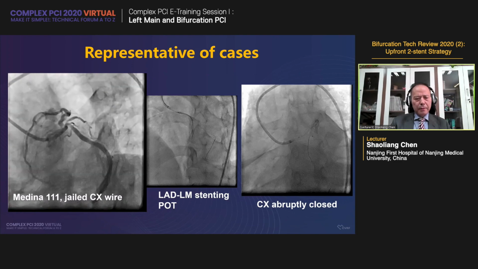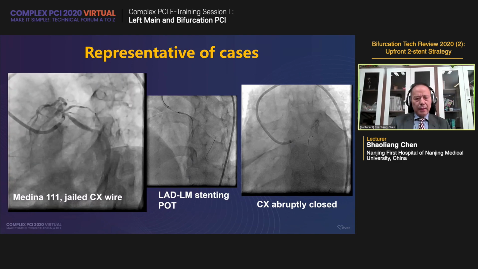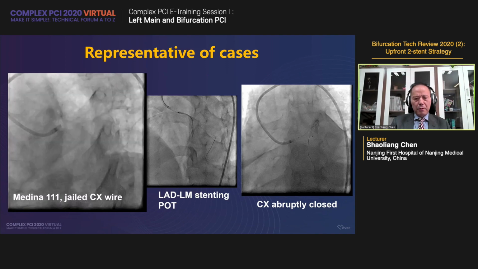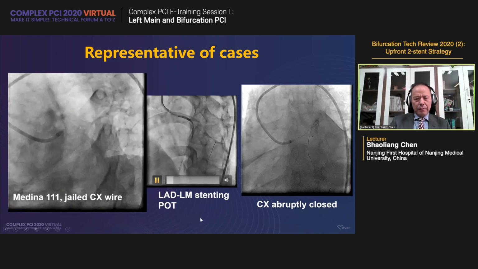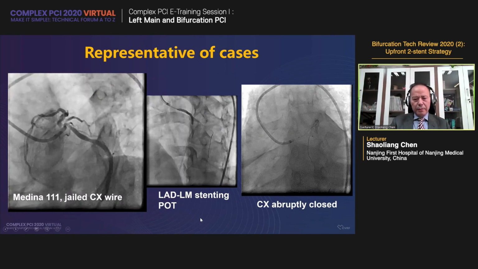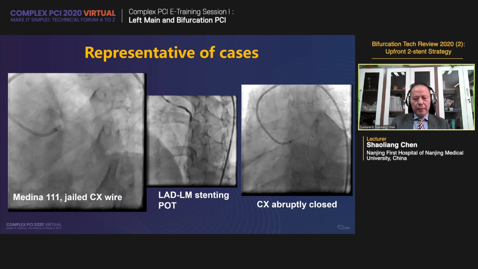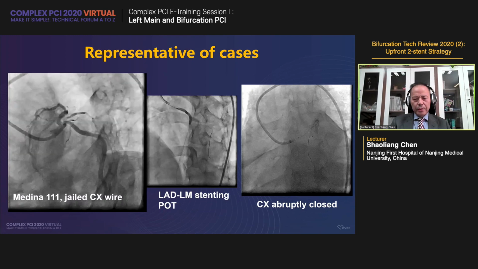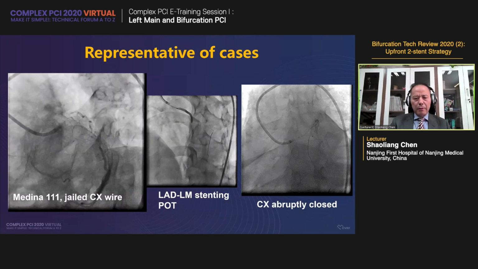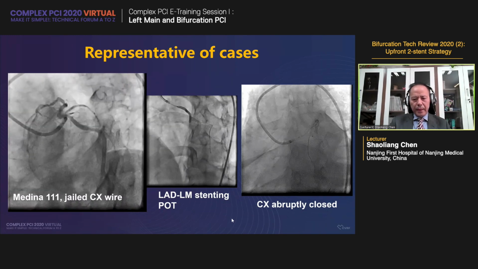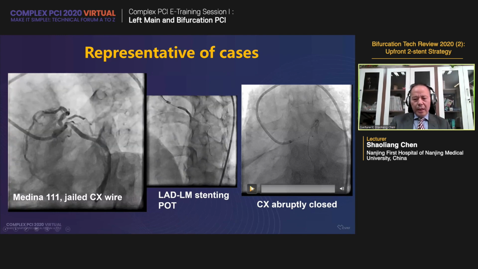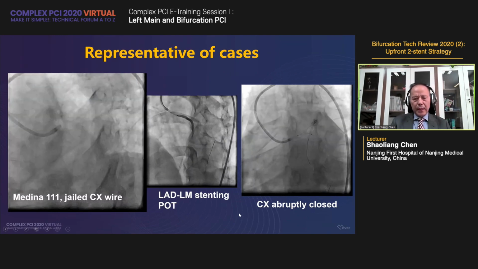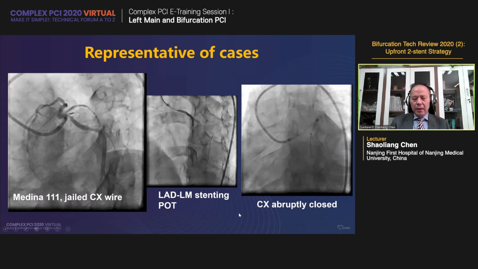Because this patient was included in our DEFINITION II study in the provisional group, we jailed a wire in the side branch and used a long stent to cross over from the left main. This is the caudal-cranial view showing the full coverage of the ostium of the left main. Immediately after stenting, we performed the POT technique. And immediately after the POT, the circumflex suddenly disappeared.